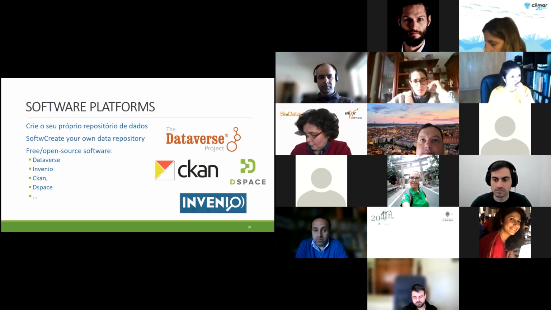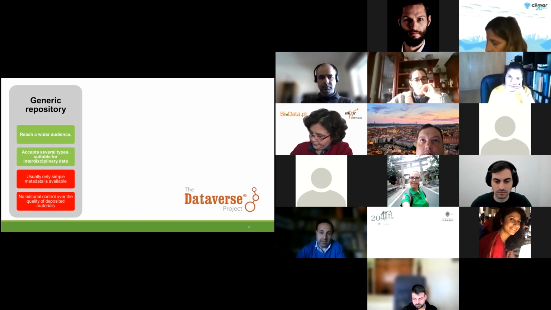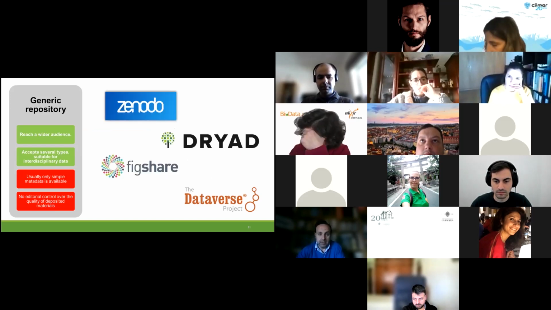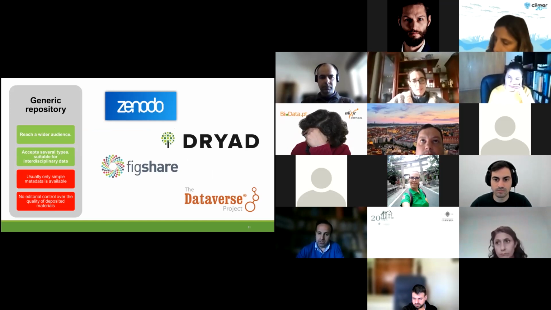At the University of Minho, we decided to use Dataverse, but there are other solutions using different kinds of software platforms to build an institutional repository. Generic repositories, there are several. Maybe you know these logos: Figshare, Dryad, Zenodo. Even Dataverse is a repository and also a hosted service.